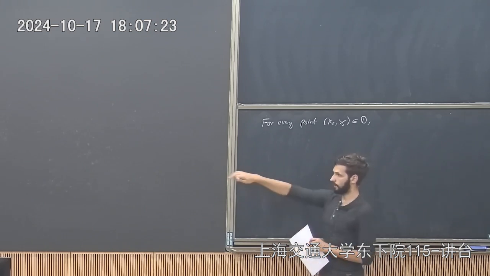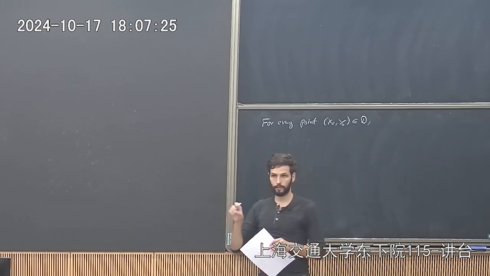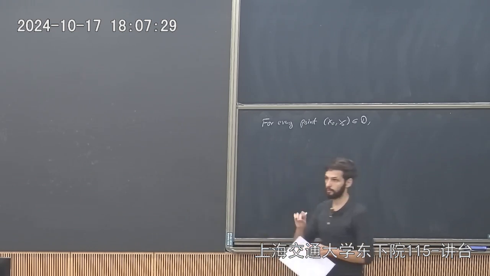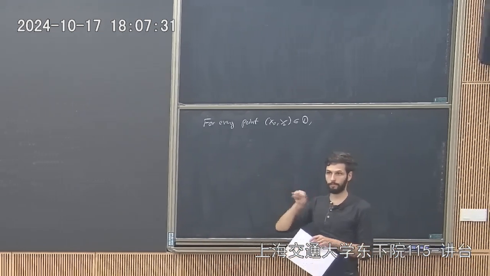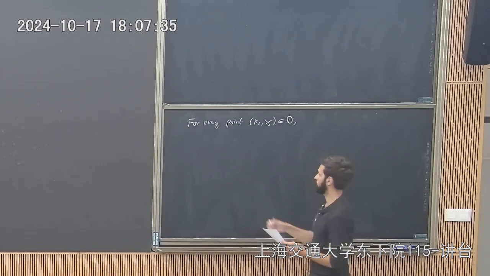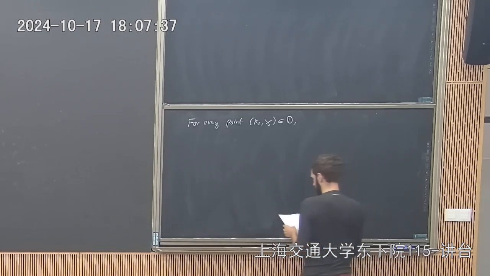Remember that we talked about tangent vectors as certain curves, right? You choose a certain curve that represented that tangent vector and then take the derivative at 0. So we would like to do a similar thing here.